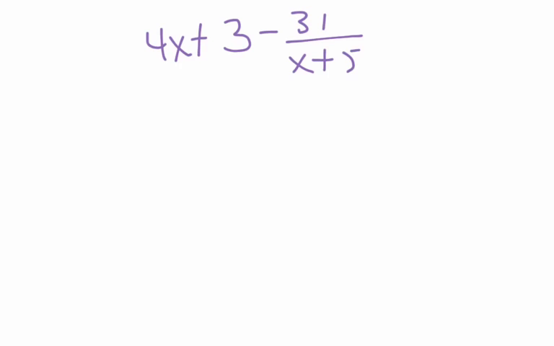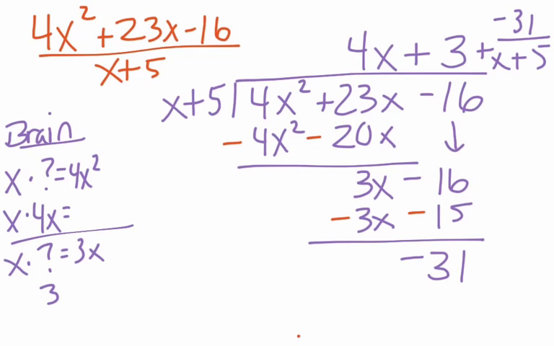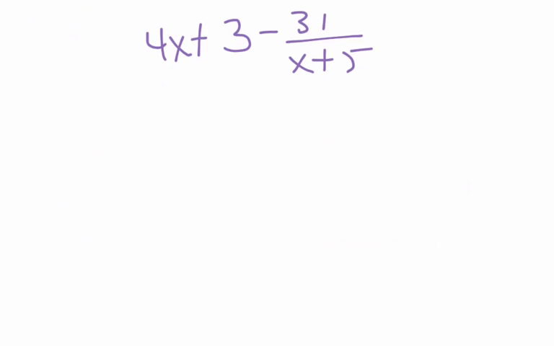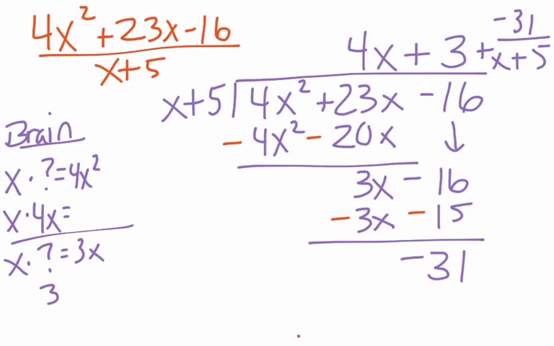You could do 4x plus 3 minus 31 over x plus 5. So in this version, I did plus negative 31 over x plus 5 just to make it a little bit more consistent with where I was putting the number part, but you could also just do a minus, and that is your answer to the problem. So there we go.